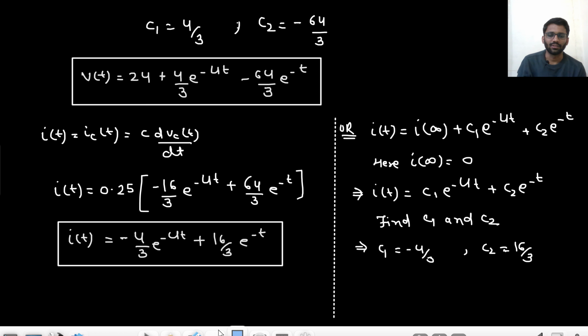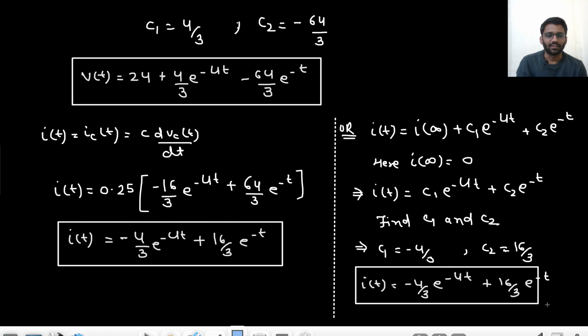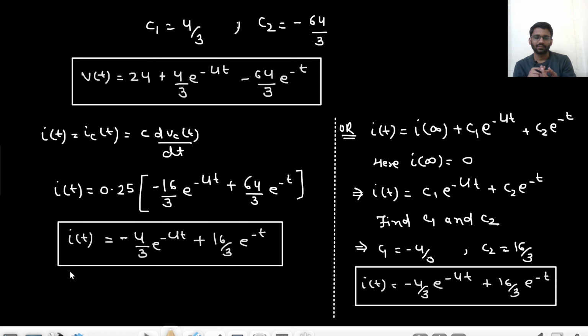So these two values you would have got, and your It would have been minus 4 by 3 e to the power minus 4t plus 16 by 3 e to the power minus t. Well and good, but this would take a lot of calculation. Since we have already found Vt, I prefer to find It like this.